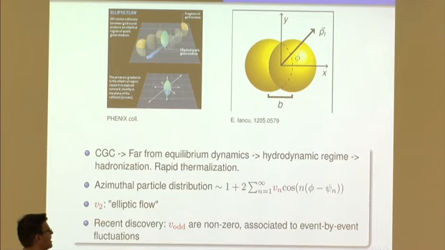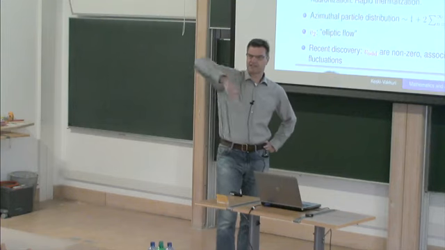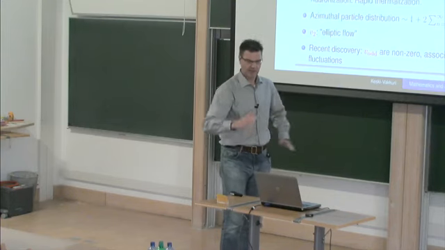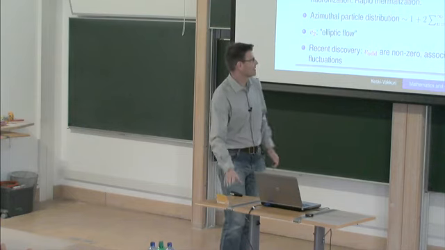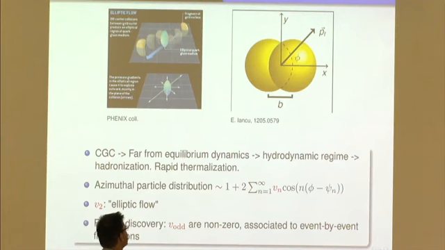Now the angle psi n is subtracted because different collisions are tilted with respect to one another, so it's sort of the angle of the reference plane, and phi is measured with respect to that reaction plane. Okay, so the first non-trivial coefficient v2 is the so-called elliptic flow coefficient that results from this almond shape.